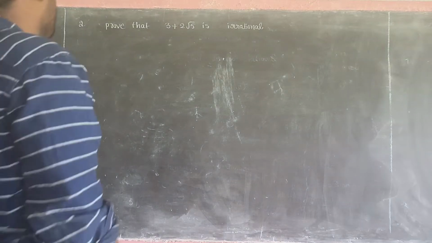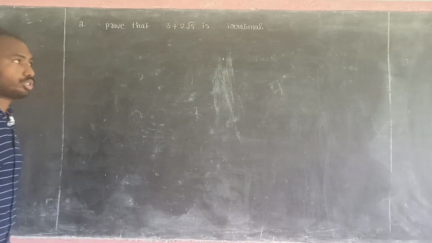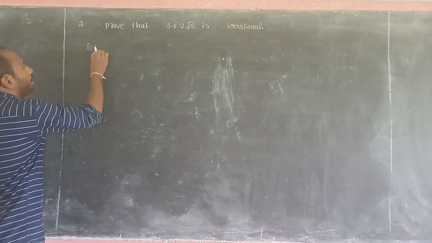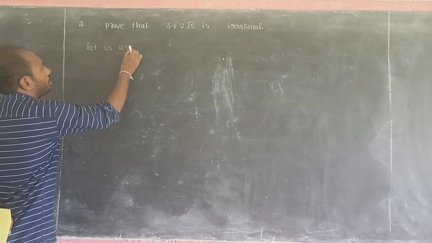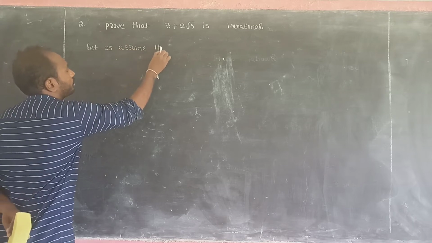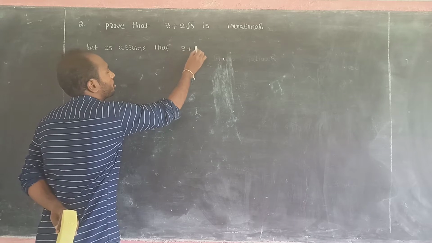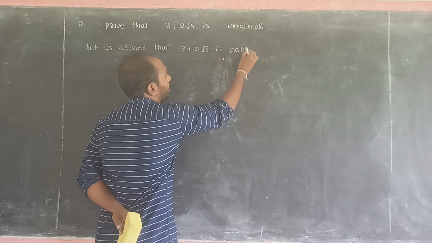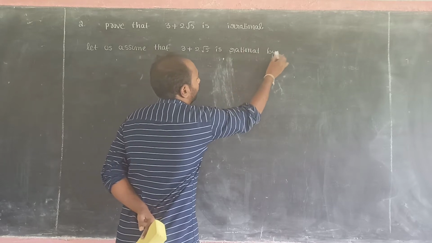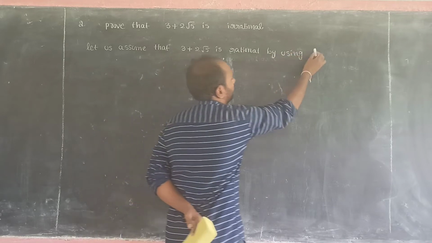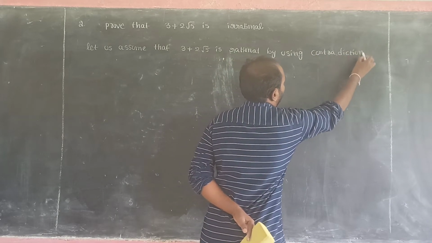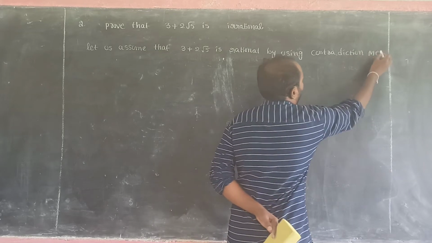Next problem. Prove that 3 plus 2 root 5 is irrational. Let us assume that 3 plus 2 root 5 is rational by using the contradiction method.